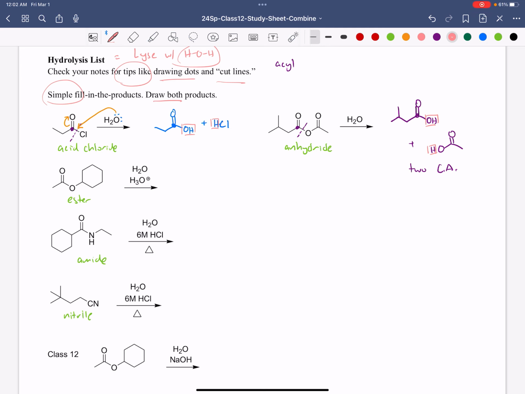Since you're making 2 carboxylic acids, it doesn't matter if you think the left side is a carboxylic acid or the right. Both sides ultimately become carboxylic acid, so it doesn't matter if you cut here or here. You could pause the video or later, cut here and do the same thing. Add an H and an OH. You'll get the same products.